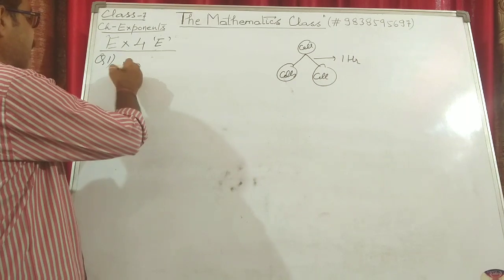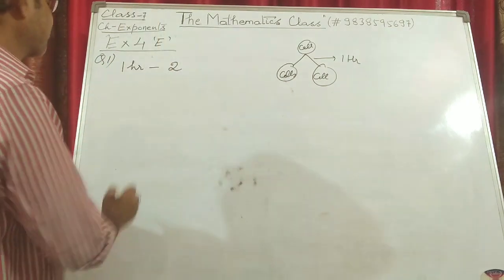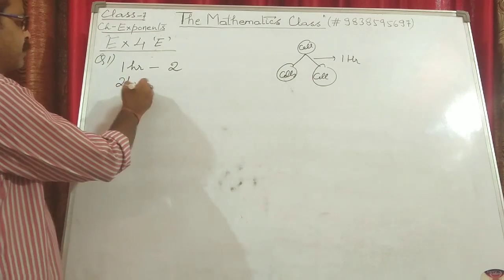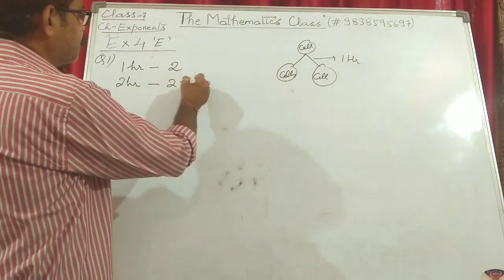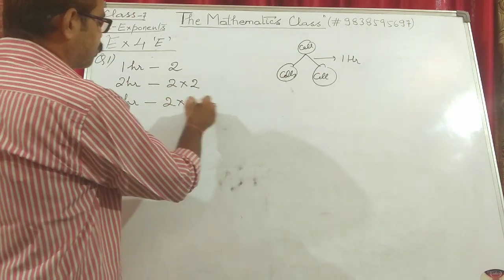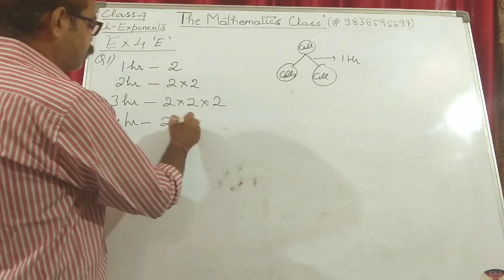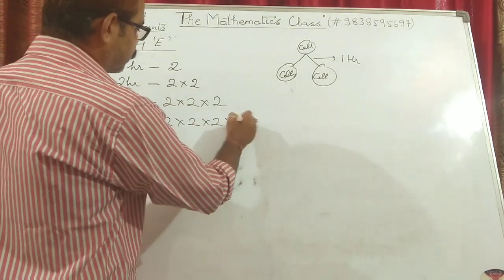Means in 1 hour it will become from 1 to 2. In second hour it will be 2 into 2. In third hour it will be 2 into 2 into 2. In fourth hour it will be 2 into 2 into 2 into 2.